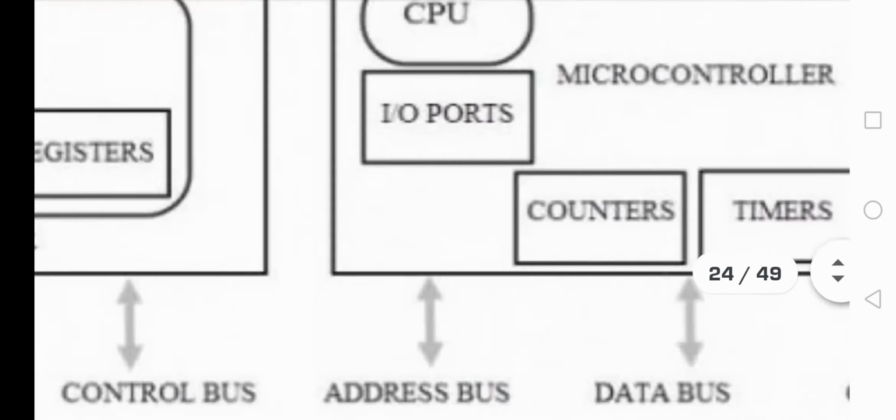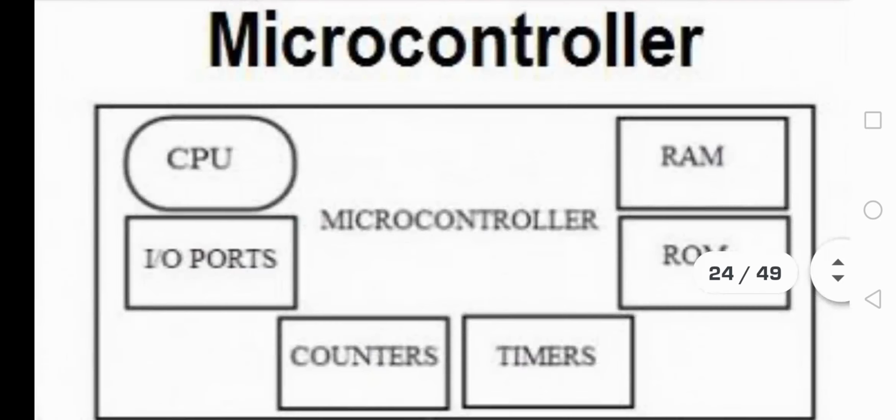But on the other hand, the microcontroller has not only a processor but also memory, and not only a single category of memory: ROM as well as RAM is there. It also has timers and counters. These two units are required for the smooth and normal functioning of a processor or controller, in order to control the various operations carried out by that device.